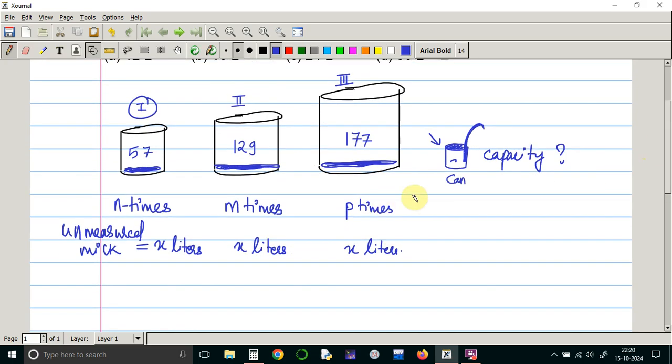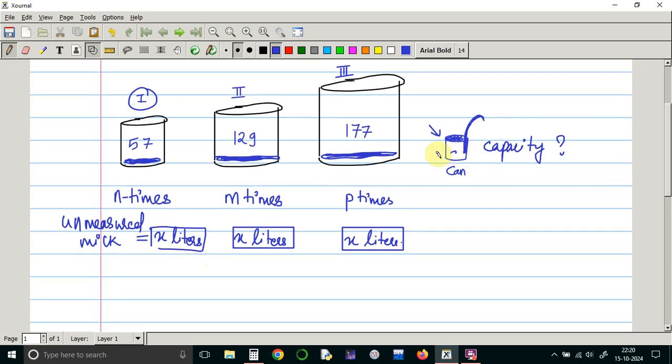So this says that this small amount of milk is left over in each jar, whose capacity is unmeasured. We don't know how much is remaining in each jar, because this can is not capable of measuring it. So maybe this can is partially filled with the remaining milk. So this also means that if this is the unmeasured milk, what is the measured milk?